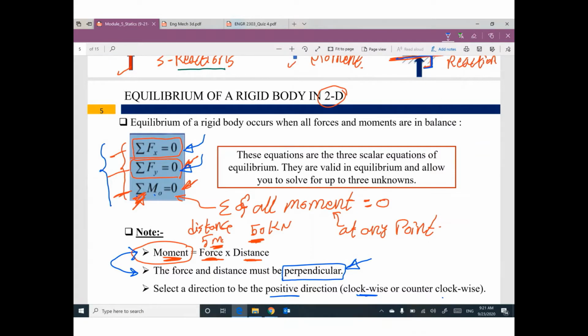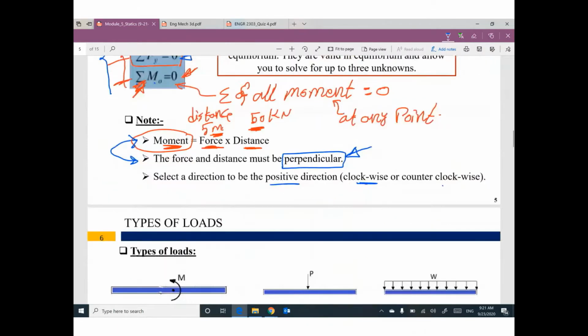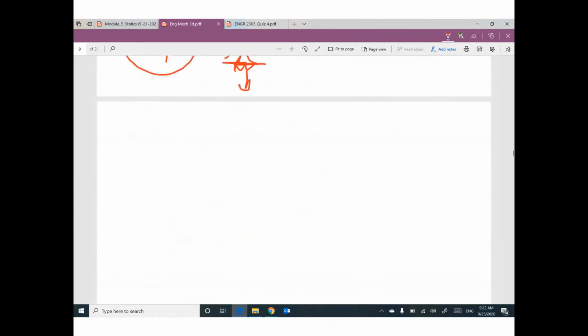And I told you last time, moment means you multiply force times distance. If you have a force and you have a distance and you multiply both of them together, you will get a moment. But we have one condition. Keep it in your mind all the time. The force and the distance must be perpendicular. It doesn't make any sense to have a force like this and a distance like this.